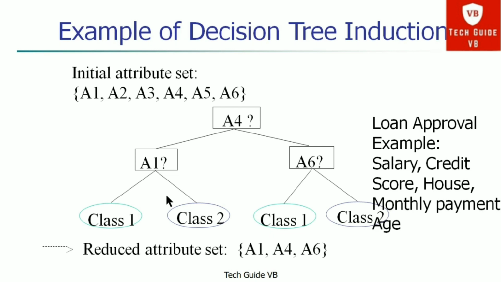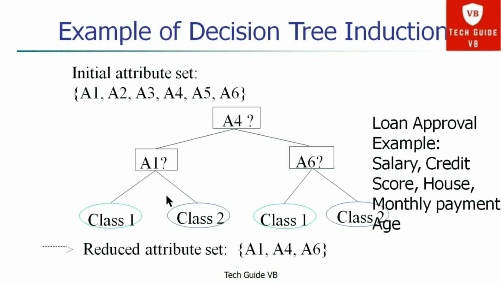Then the example of decision tree induction. Here the initial attribute set is given, which has A1, A2, A3, A4, A5 and A6. After the decision tree induction, we can see here A4 is divided into two parts, A1 and A6, and A1 has two classes, class 1 and class 2.